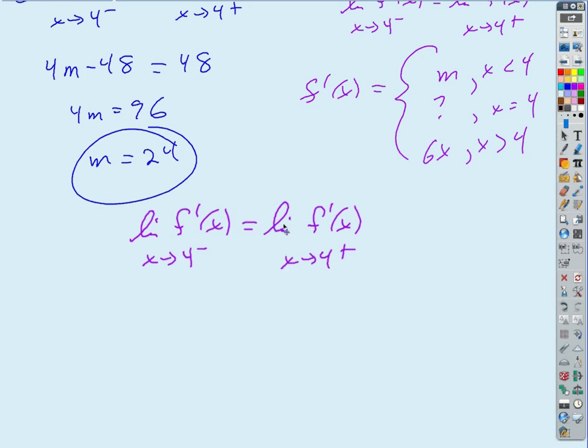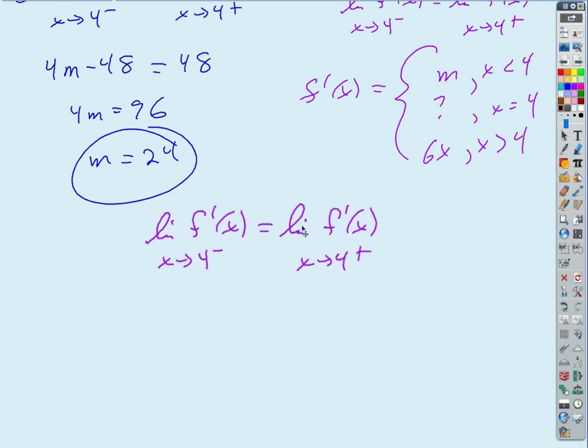So there's our derivative function. The limit of f prime of x as x approaches 4 from the left is m, right? Does that equal the limit of f prime of x as x approaches 4 from the right? What do we get?